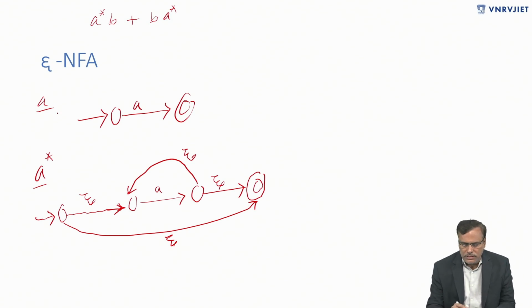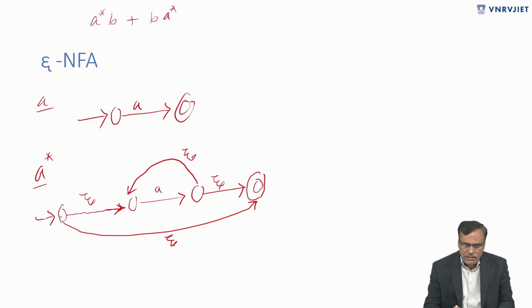This is with respect to the input symbol A, and with respect to the closure we have seen. What do you mean by closure, that is star? Star means zero or more times. So what are the possible strings of A star? Just epsilon.